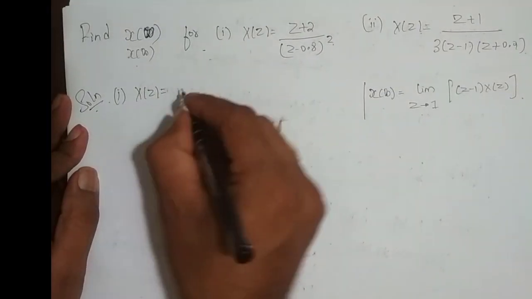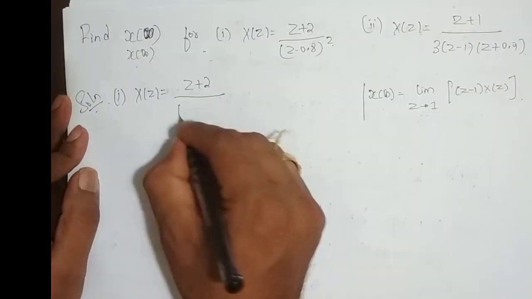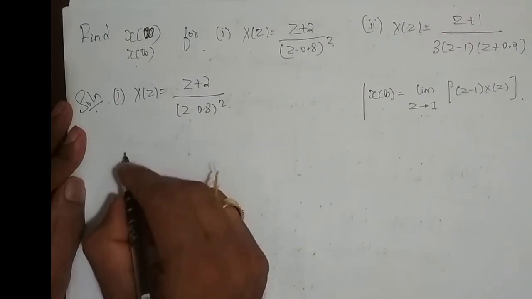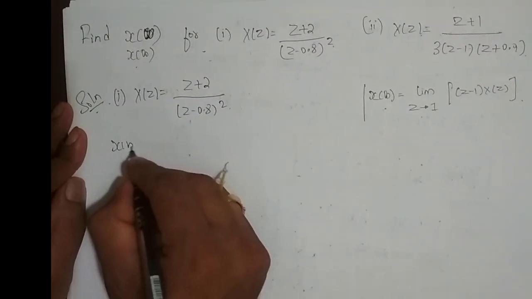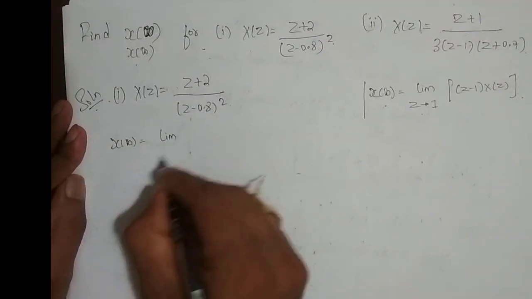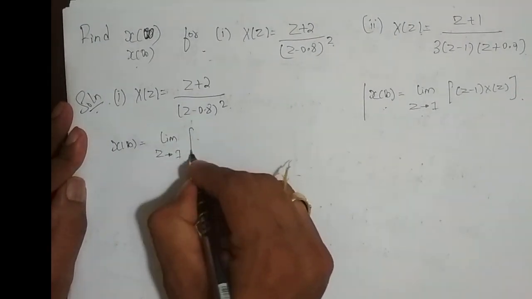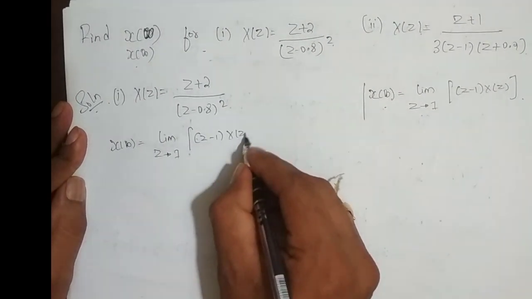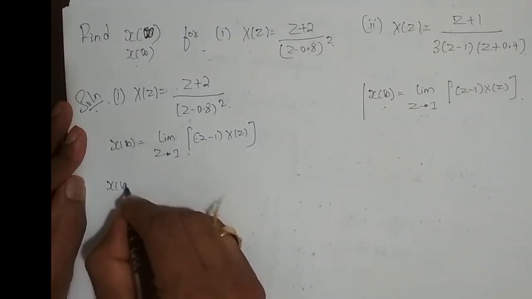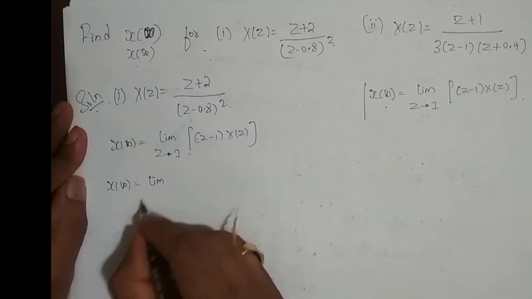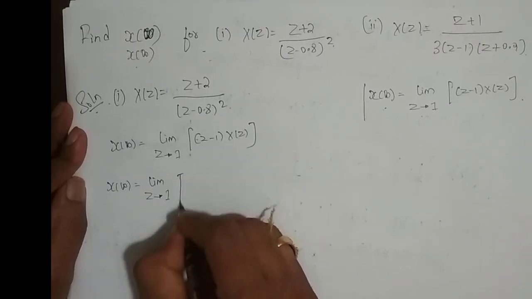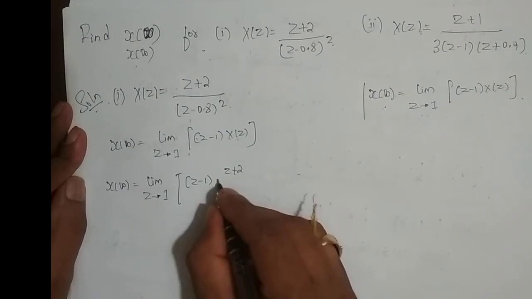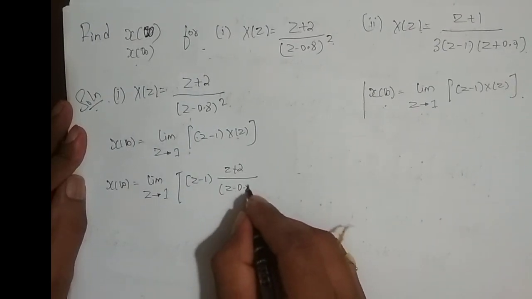Okay, we will take up the first problem. X of z is equal to z plus 2 divided by z minus 0.8 whole square. What is x of infinity? X of infinity is equal to limit z tends to 1 of z minus 1 times x of z, where x of z is z plus 2 divided by z minus 0.8 whole square.